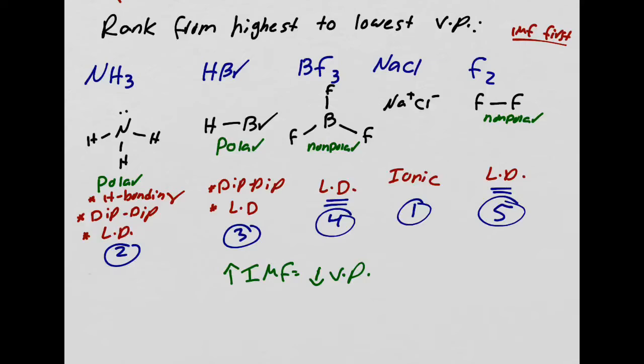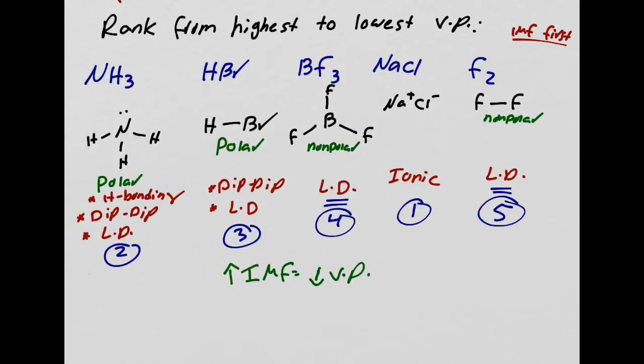Higher IMF, however, is lower vapor pressure, because if you have strong intermolecular forces, you're holding on to each other pretty tightly. You don't want to go to the gas phase. So you're going to have a low vapor pressure. So I said rank them from the highest to the lowest vapor pressure. So it has to be the opposite, right?